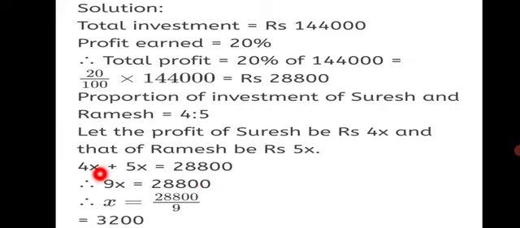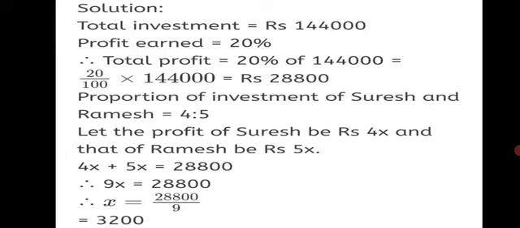That is profit of Suresh plus profit of Ramesh is equal to 28,800. Therefore, we get 9x is equal to 28,800. x is equal to, 9 gets divided. So 28,800 divided by 9 is equal to 3,200. 3,200 is the value of x.